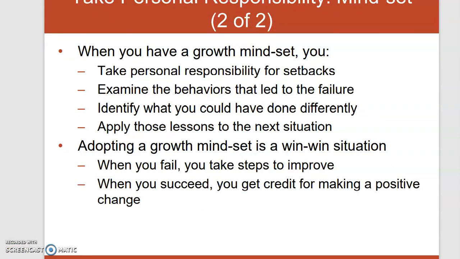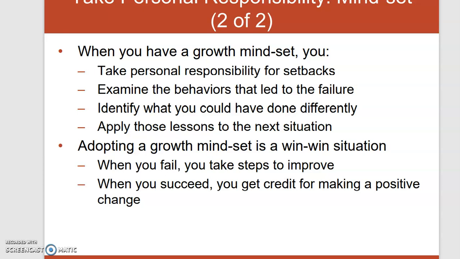What we're trying to do is move toward the side of the growth mindset. That means we look at setbacks or failures and we say, well, what was my role in that? How do I take personal responsibility? And what behaviors did I perform that I could change?